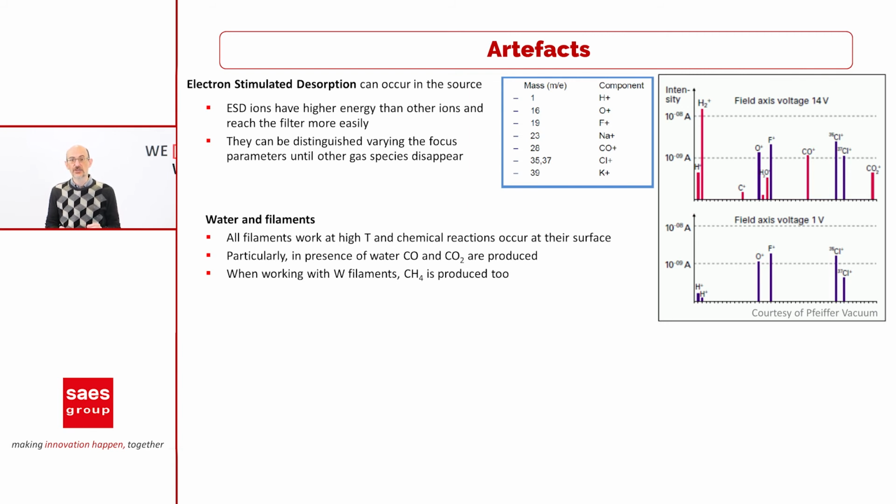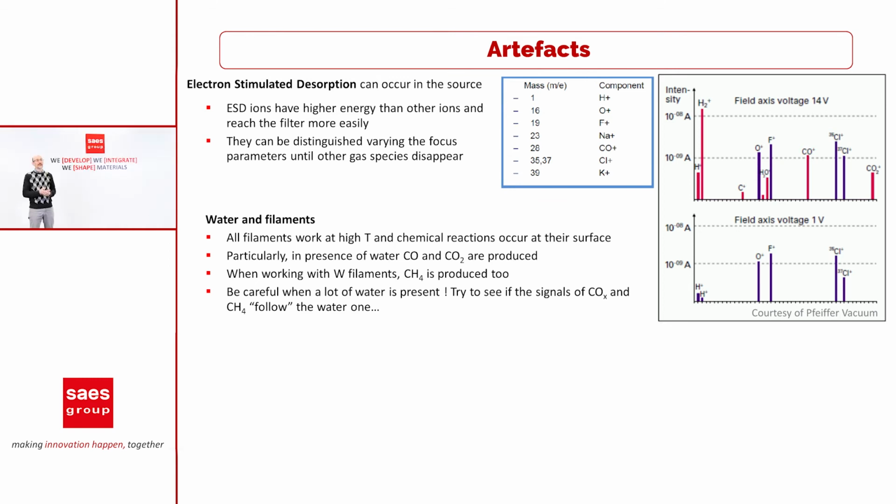So pay attention when a lot of water is present. For example, try to see if carbon oxides and methane signals follow the water evolution in the chamber, and take into account that dirty filaments, which for example have been in contact with hydrocarbons, will always produce some excess CO and CO2.